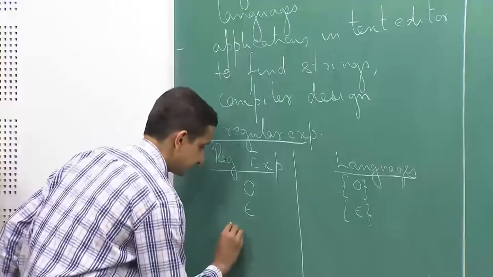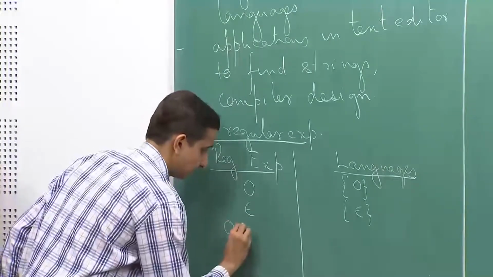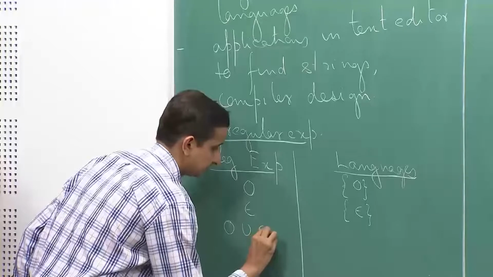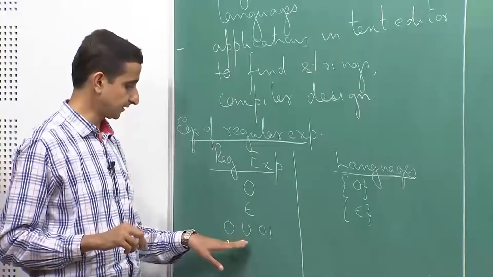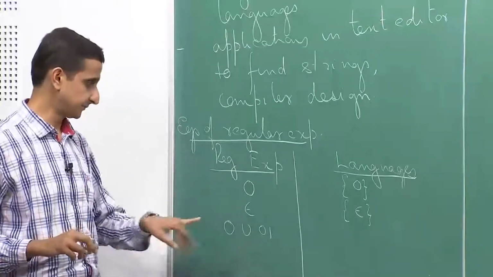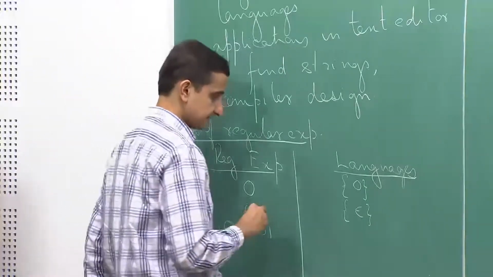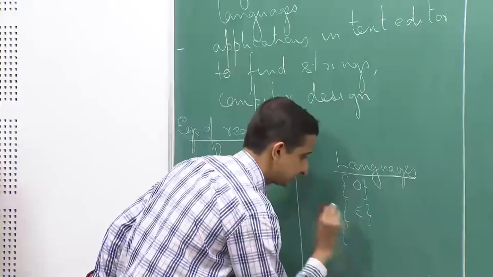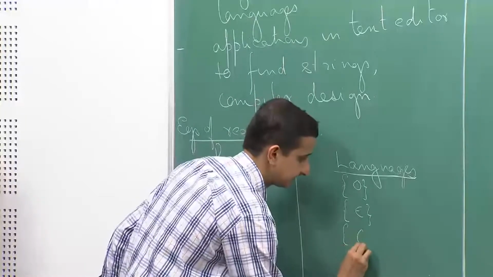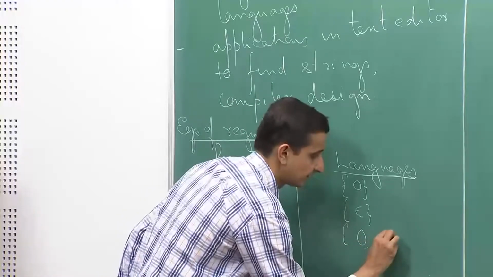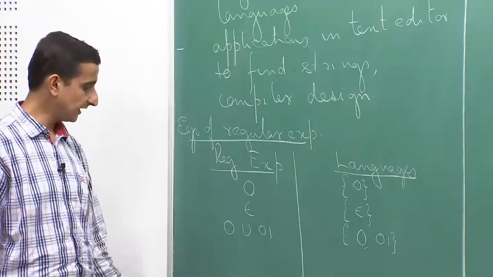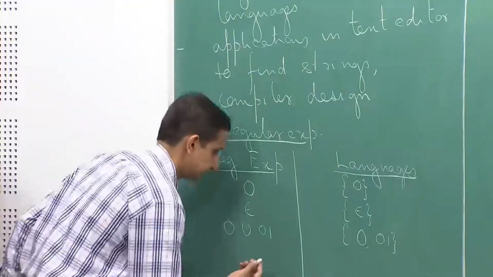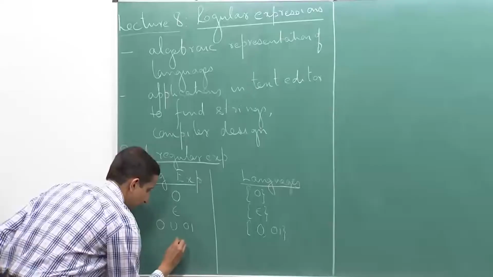The regular expression 0 union 0 1. Union is a symbol that is used in regular expressions. So this is the language consisting of the strings 0 and 0 1. Another way of writing a regular expression is using the star operator.